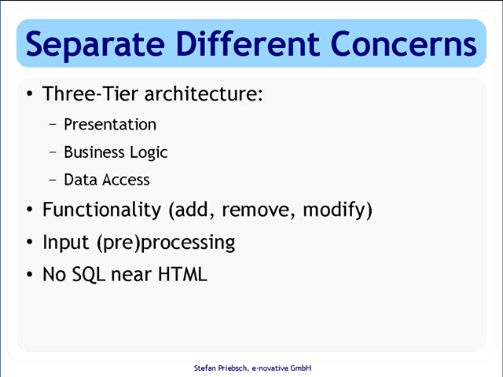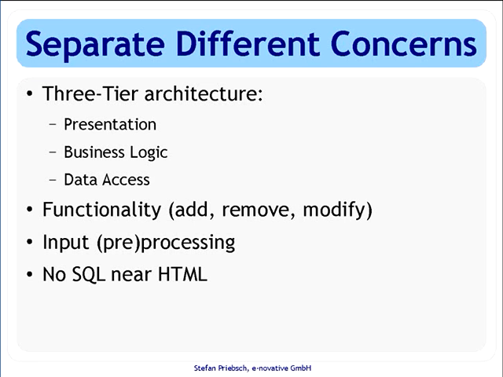The next step is the most important step. Separate different concerns. We all have heard of the 3-tier architecture, which is the basic software architecture that came up with the client-server software model in the 80s, I think. We have a presentation layer, we have a business logic, and we have a data access layer.